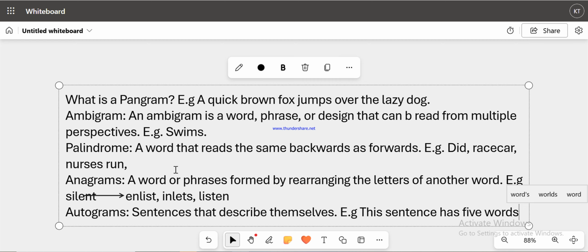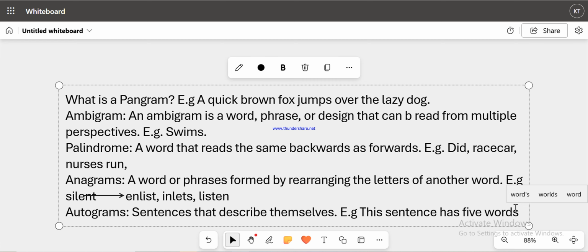Let's count the words: this 1, sentence 2, has 3, 5 words 4 and 5. This sentence contains 5 words, and the sentence itself tells us that. This is a good example of an autogram, a sentence that describes itself.